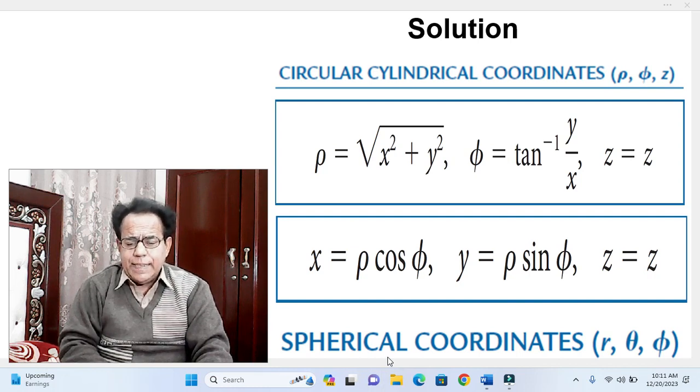Now x is equal to rho cos phi, y is equal to rho sin phi, and z is equal to z.